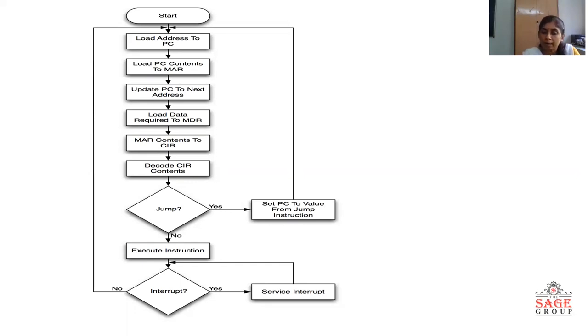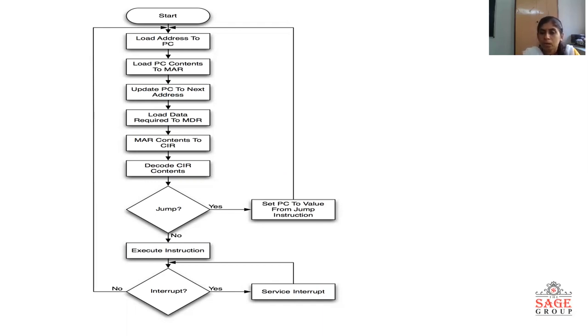This means addresses are fetched from the particular registers, and in case of a jump operation, if there is no requirement, then the program is executed smoothly, and otherwise a new value of the program counter is set.